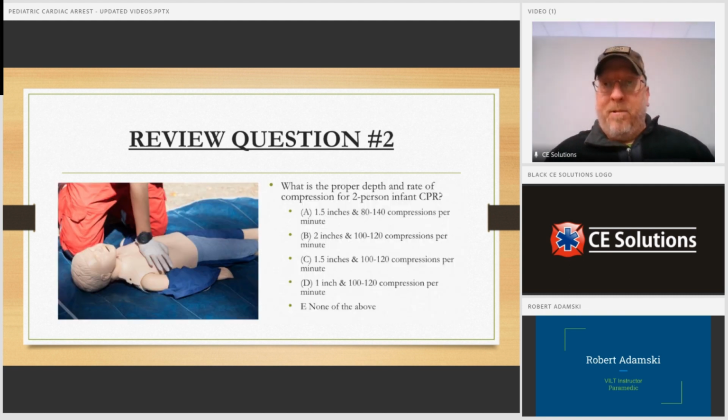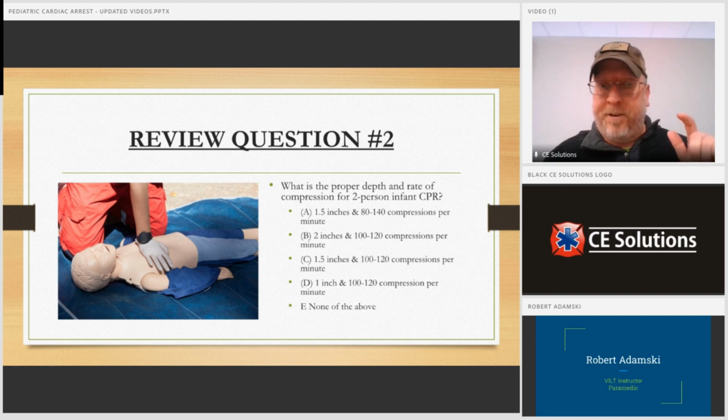Review question number 2. What is the proper depth and rate of compression for 2-person infant CPR? So what is the proper rate and depth of chest compressions for 2-person infant CPR?